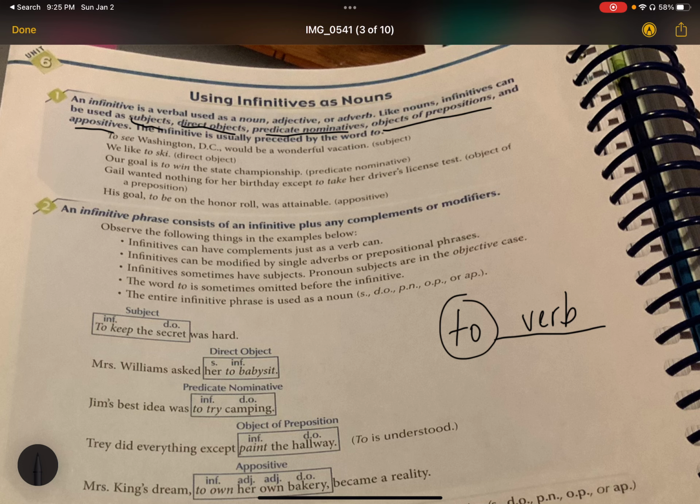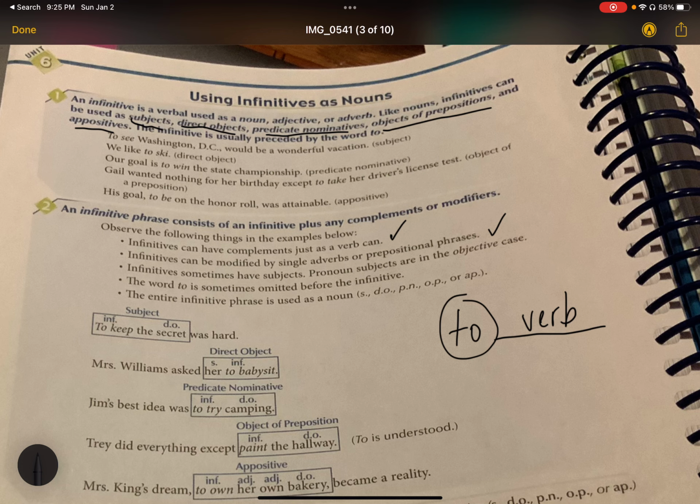Infinitives can have complements, completing words, just as verbs can. So just like a regular verb can have a direct object, an infinitive can have an object. Infinitives can be modified by single adverbs or prepositional phrases. So infinitives can have all sorts of little words attached that are modifying.